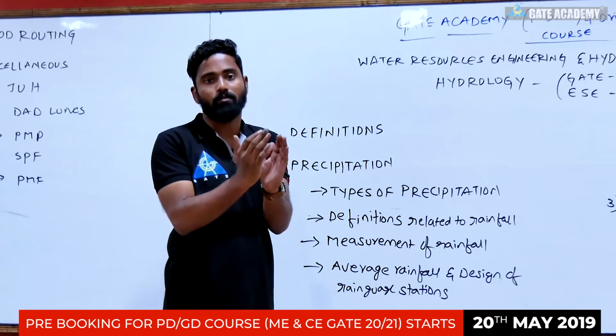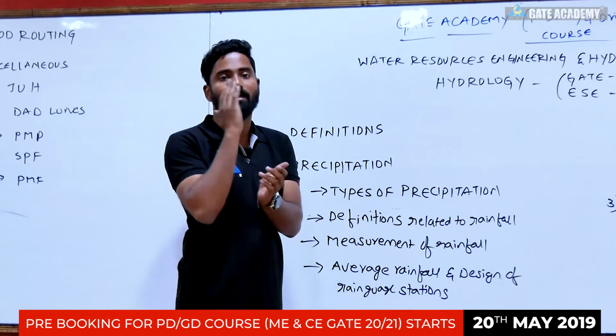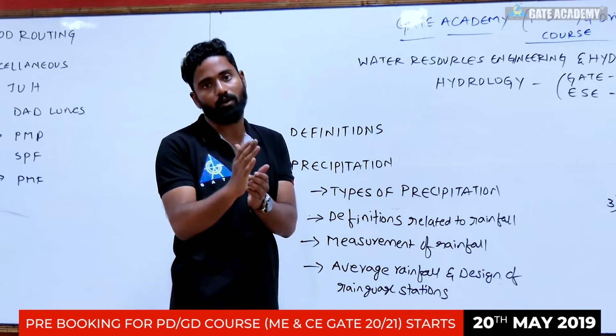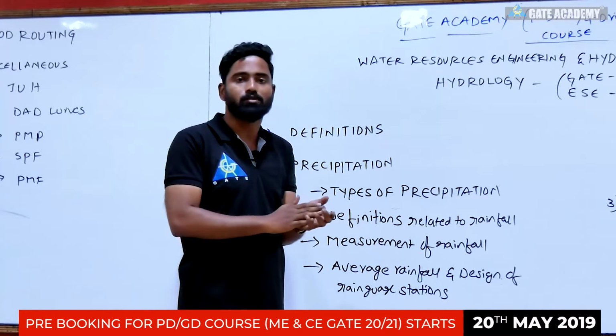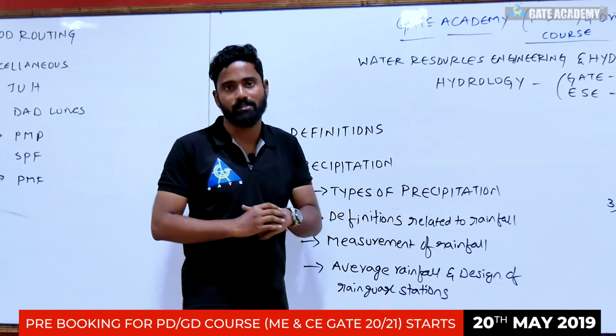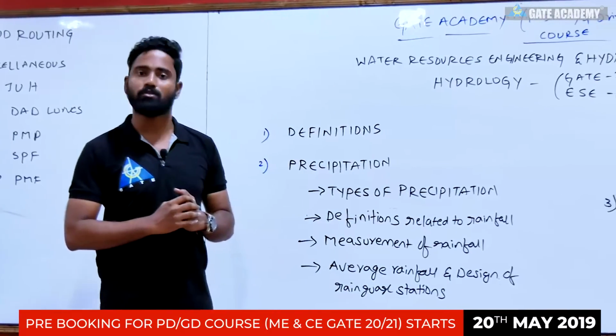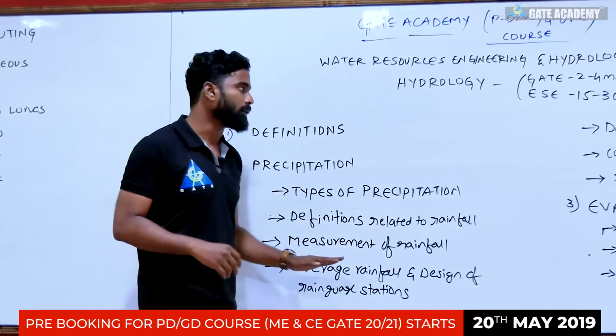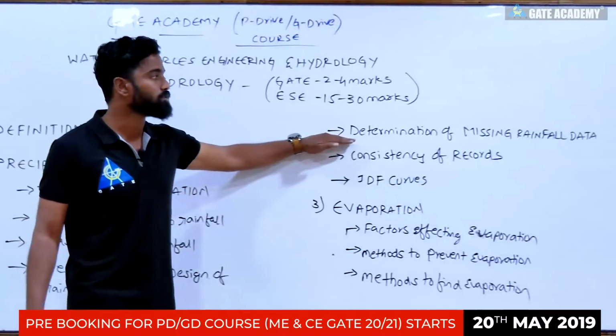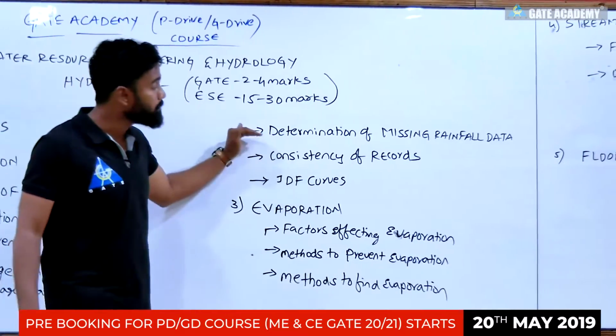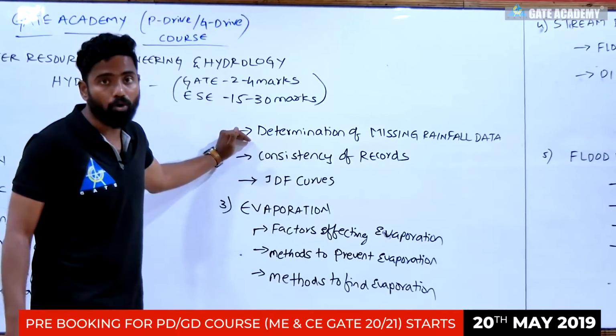In GATE they have asked a question on the Thiessen polygon method. The isohyetal method is generally asked in engineering services, and the arithmetic mean method can also be asked in GATE. Now coming to determination of missing rainfall data, this is very important from the GATE point of view.